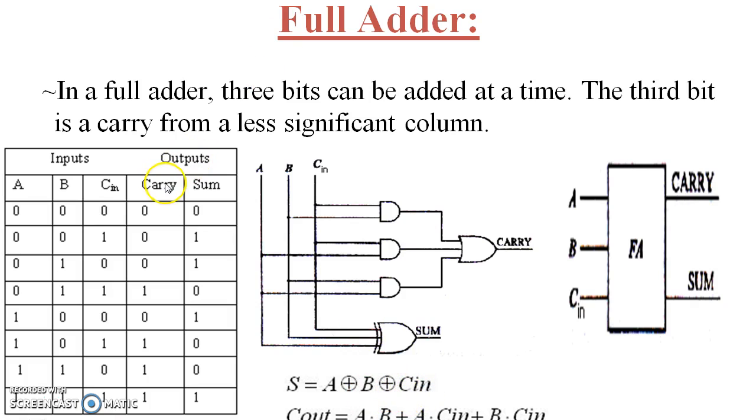Just like for carry, if we put A, B, C in and carry in a Karnaugh map, we will get C out equals AB plus AC plus BC. So from this expression, if we draw the circuit diagram with the basic gates, we get these arrangements. So this is the simple circuit diagram using basic logic gates.